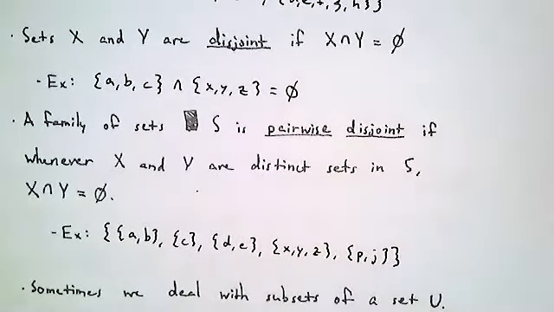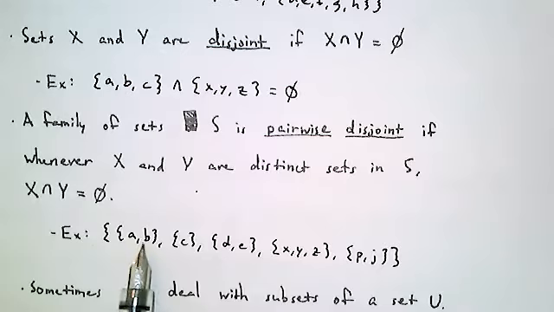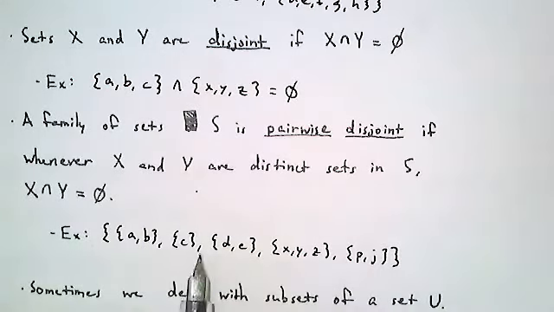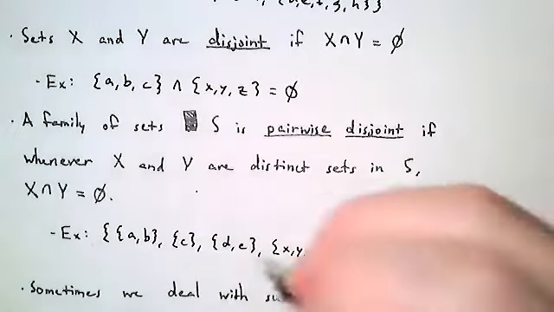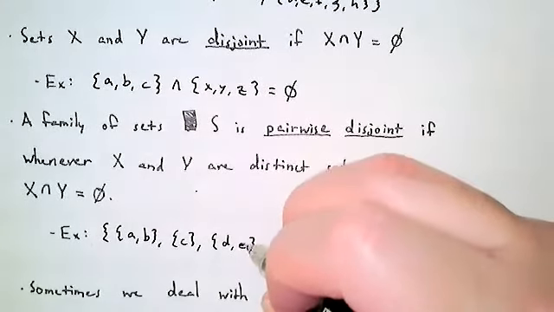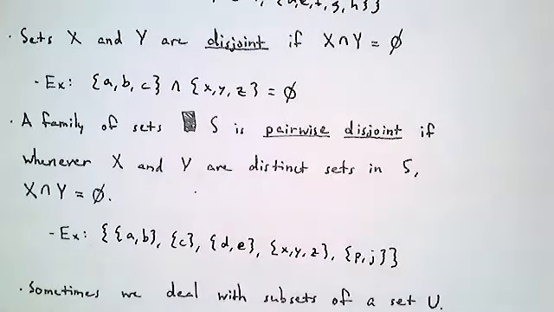Okay, so you could have something like this. If you look at the first set has A and B inside of it, and you compare it to any of the other sets, you can see that they don't share anything in common. And this should be an E to make that a little bit more easy to read.